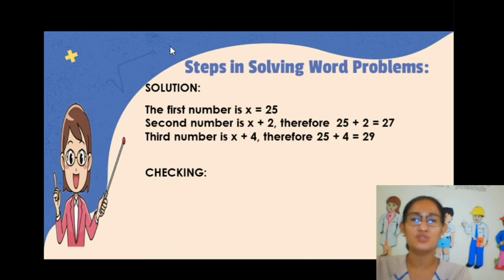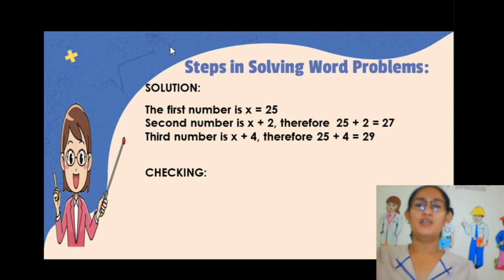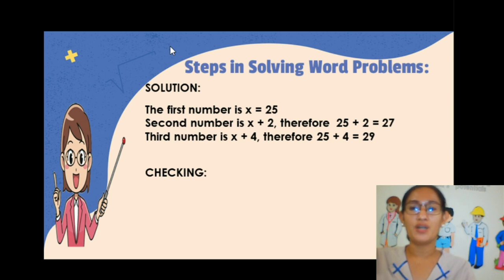Let's check the solution. The first number is x equals 25. The second number is x plus 2. Therefore, 25 plus 2 equals 27. The third number is x plus 4. Therefore, 25 plus 4 equals 29.